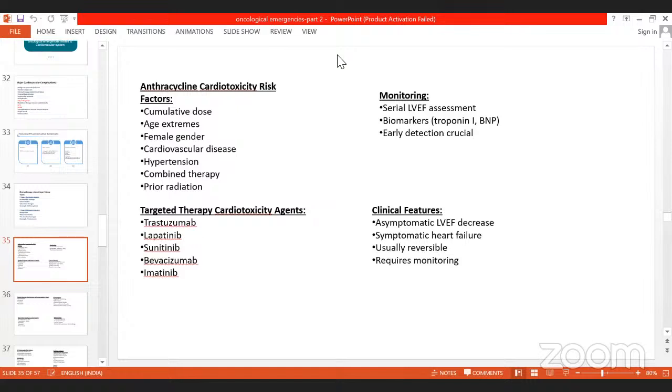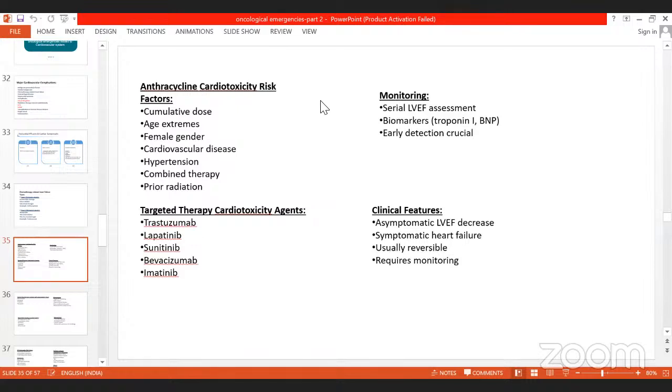Here we need to regularly monitor the left ventricular ejection fraction, biomarkers like TROP-I and BNP, and early detection is very, very important with anthracycline cardiotoxicity, because it is an irreversible cardiotoxicity. And once the patient's cardiac function has been altered, then it is irreversible with anthracyclines.